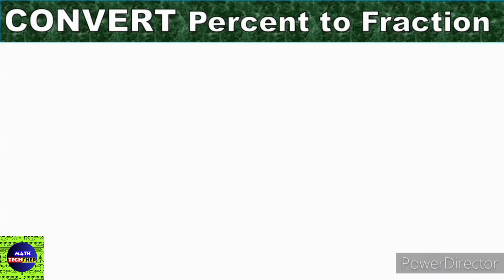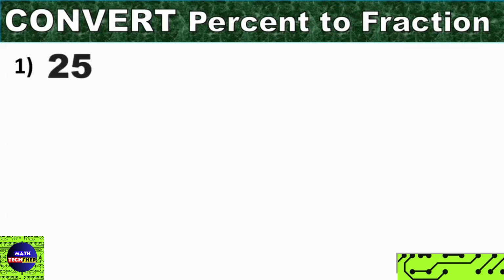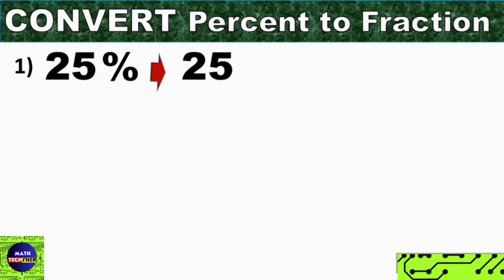And then now let's have another example on how to convert percent to fraction. We have number 1. We have 25%. To convert it into fraction, we divide it by 100. So we have 25 divided by 100.